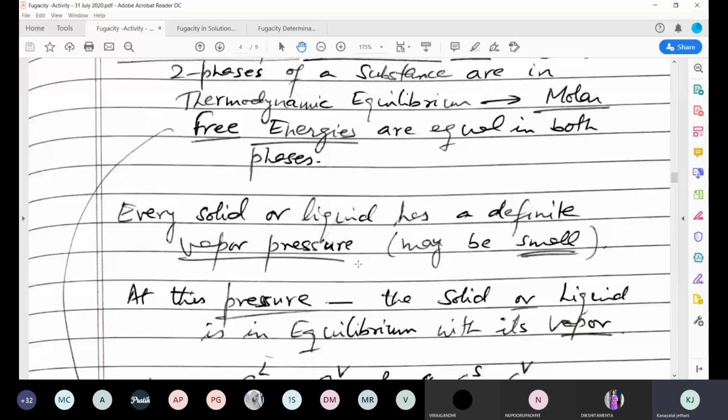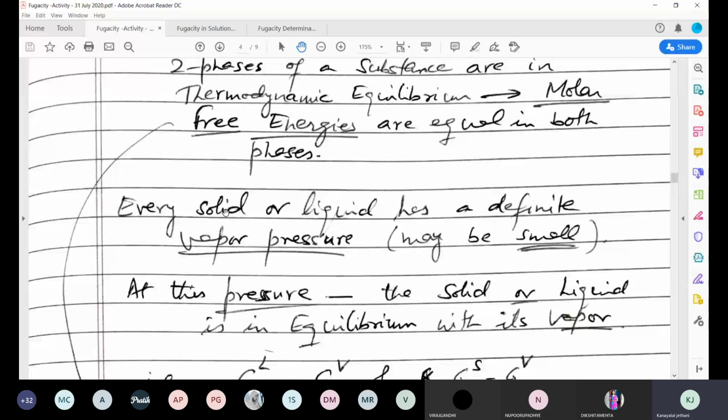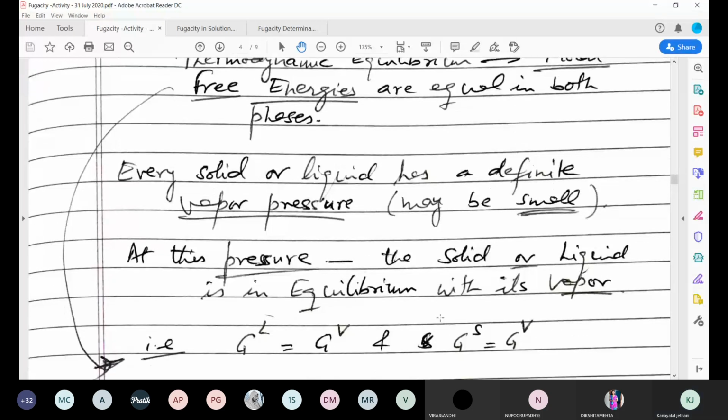So every solid or liquid has a definite vapor pressure. Water has a vapor pressure above it. Similarly, dry ice has some vapor pressure, CO2 above it. At this pressure, the solid or liquid is in equilibrium with its vapor. So water and water vapor are in equilibrium.